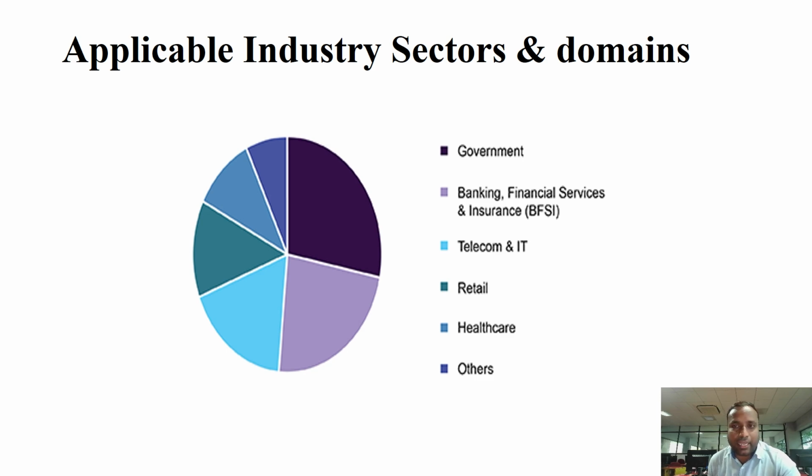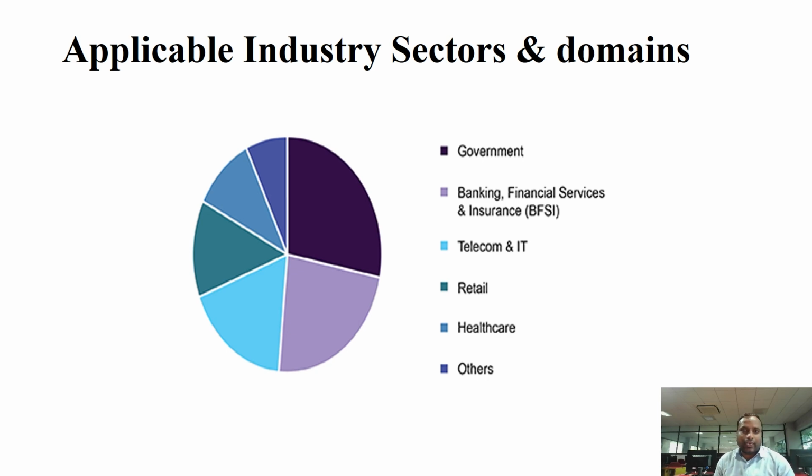Secondly, you can go for banking, financial services and insurance, mainly as a system engineer, network engineer or security engineer. You'll get job opportunities in banking and financial services. Thirdly, there are telecom and IT companies, which recruit for digital forensics as well as cyber security engineers.